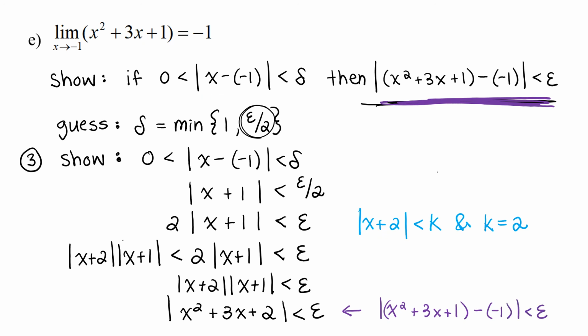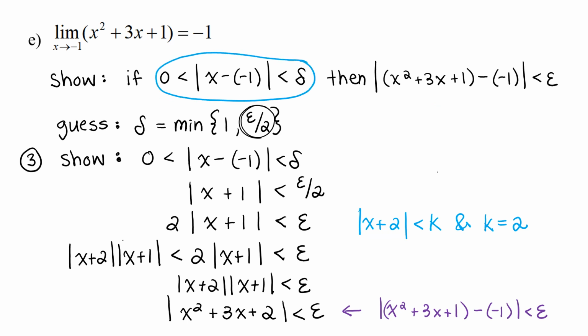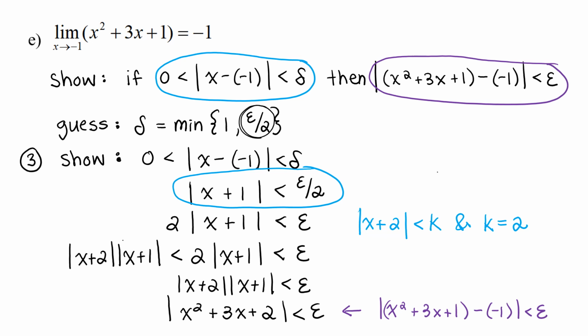So we've shown that if this is true for epsilon over 2, then this is true. So we've gone through our if-then statement, shown that it's true, that we can find a delta for every epsilon. So our limit statement is true as well.